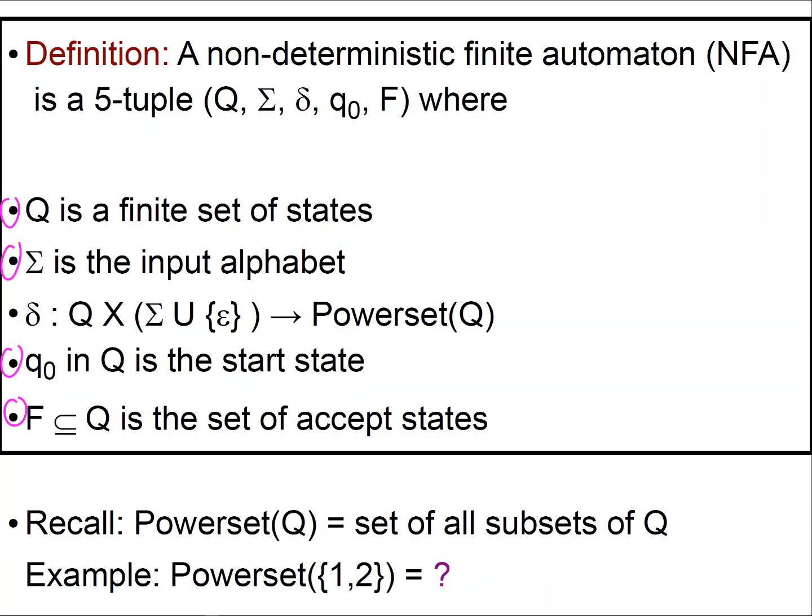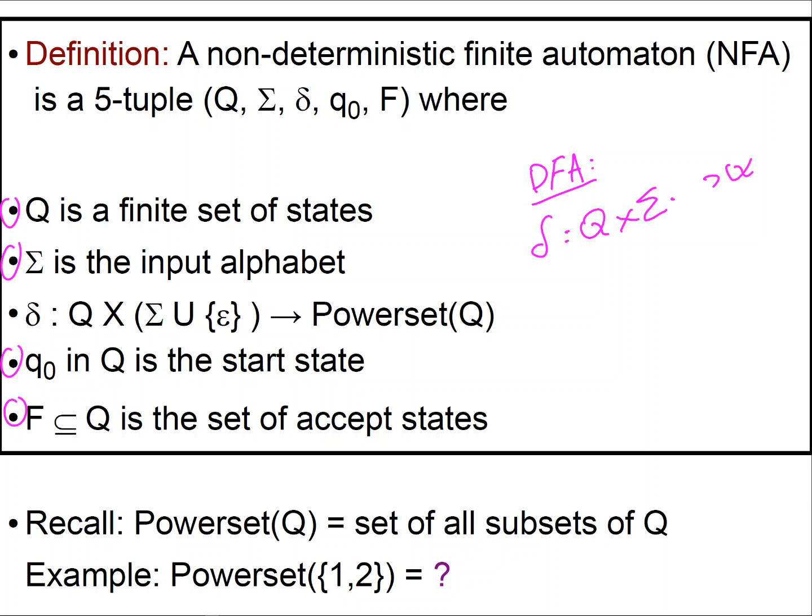The main difference is delta, the transition function. Before, in a DFA, delta was mapping Q cross sigma to Q.